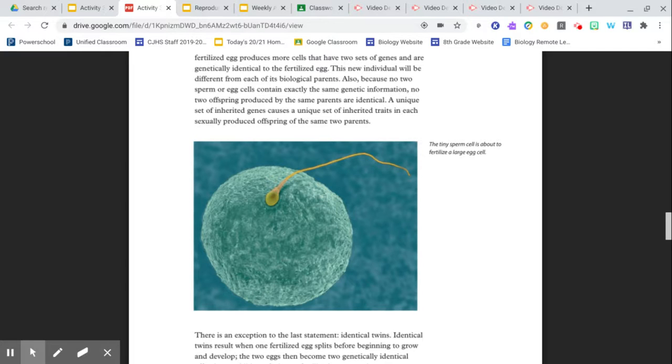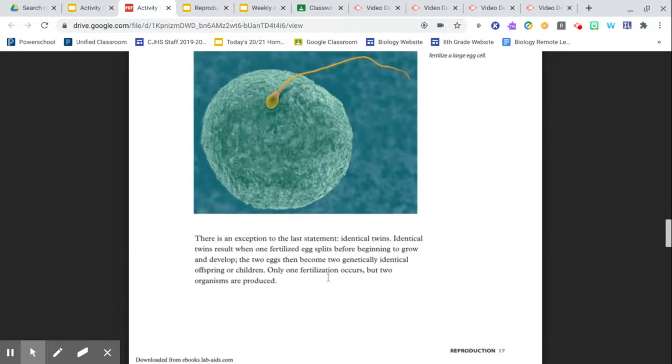Side note, we will cover why these sperm and egg are not exactly alike down the road, okay? But just know that each person's sperm or egg, depending on if they're male or female, they're not exactly the same. They're all going to be unique.